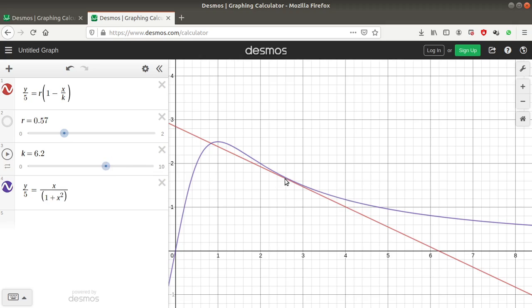At that time the number of insects will reduce drastically and go to this value, less than 1, 0.841. So this is the cause of this insect outbreak.